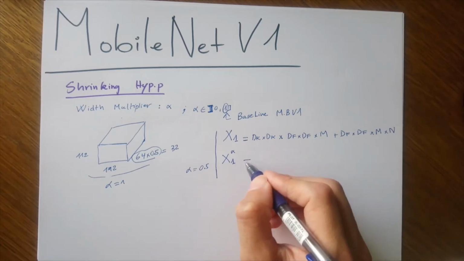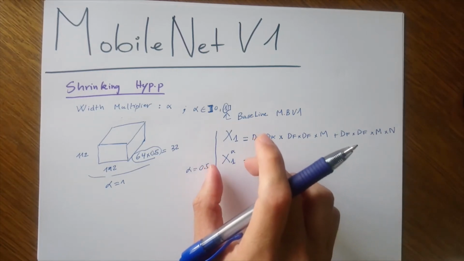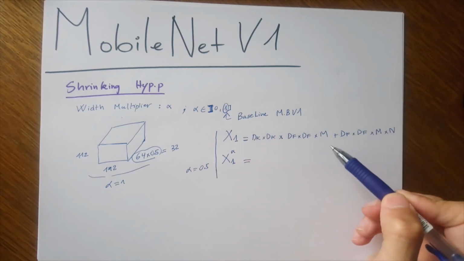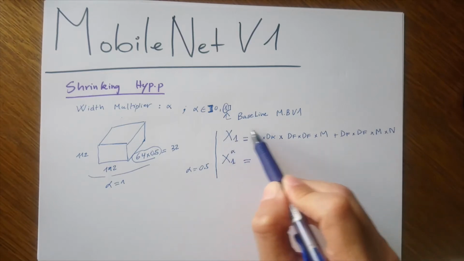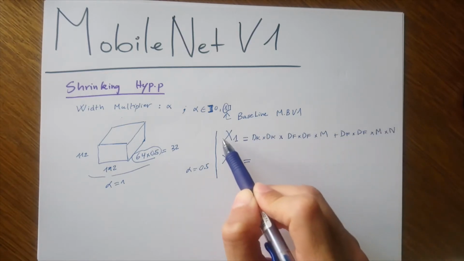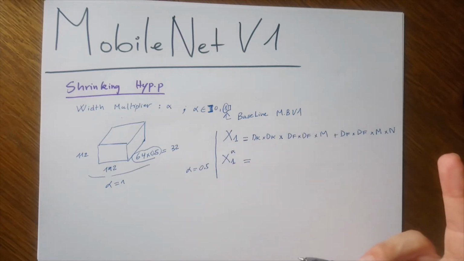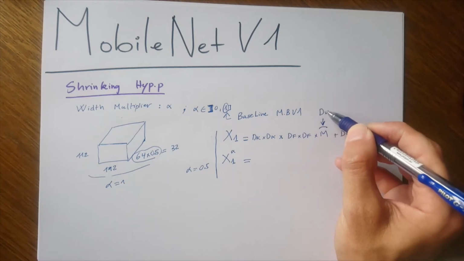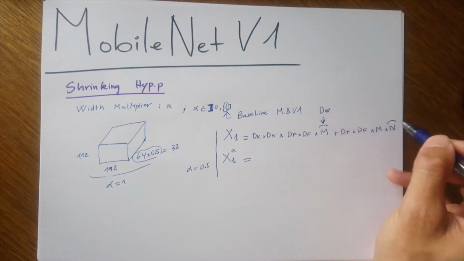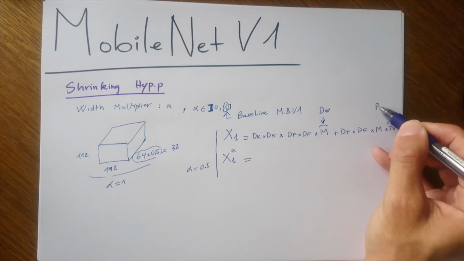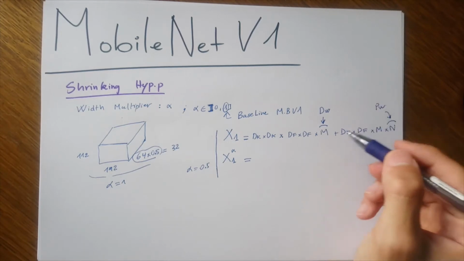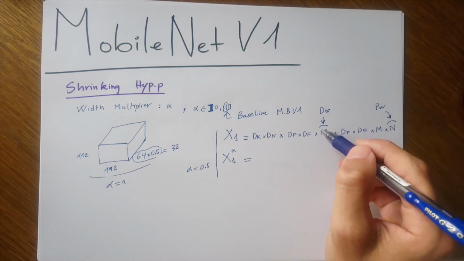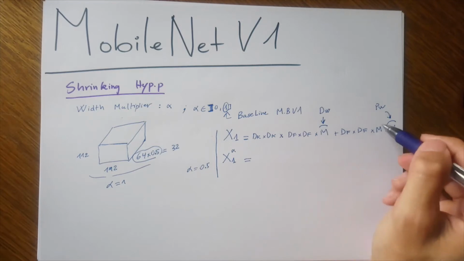To get this, we need to multiply the number of kernels by alpha. So in this expression, what are the parameters representing the number of kernels? We have two parameters. The first is m, which represents the number of depth-wise convolutional kernels, and n represents the number of point-wise convolutional kernels. Since alpha reduces the number of kernels, we should multiply these parameters m and n by alpha.